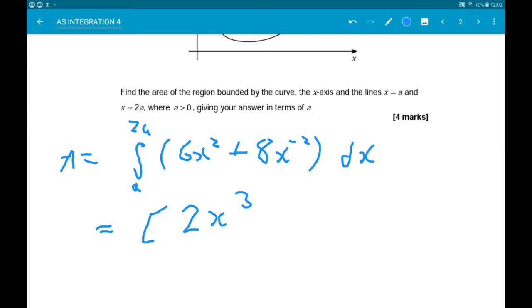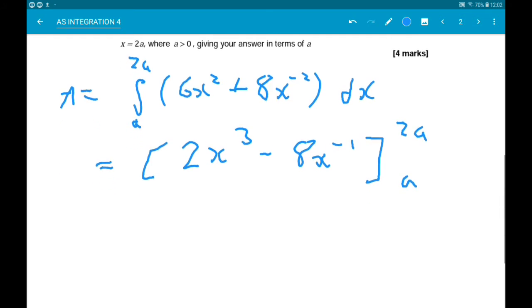So that's going to give us minus 8x to the minus 1. And that's between a and 2a. Okay, so now we plug in the limits.